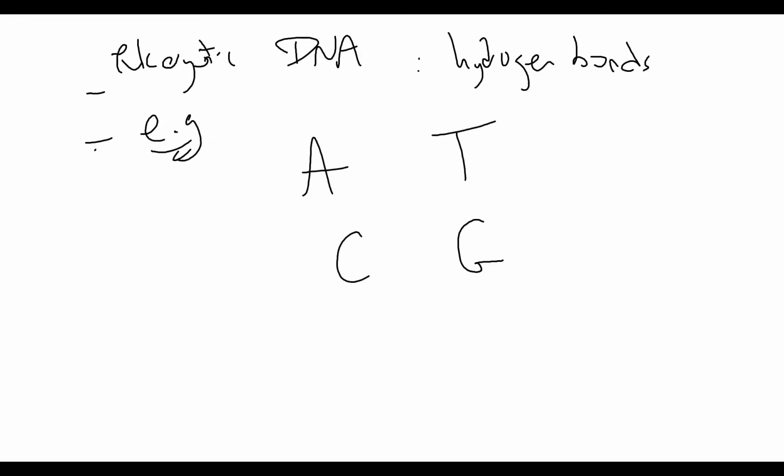Perfect, bravo. Bravo, Himera, bravo, Heidi. Perfect, bravo. Okay, so we have two hydrogen bonds between A and T. This question came in 2022, so it's really important to know it. And three hydrogen bonds between C and G. Okay. So what did he say? He gave us this.